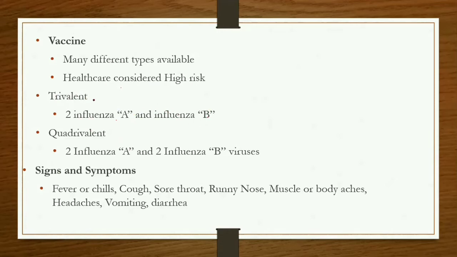Quadrivalent means two influenza A viruses as well as two influenza B viruses. These are the two vaccines available in the market.